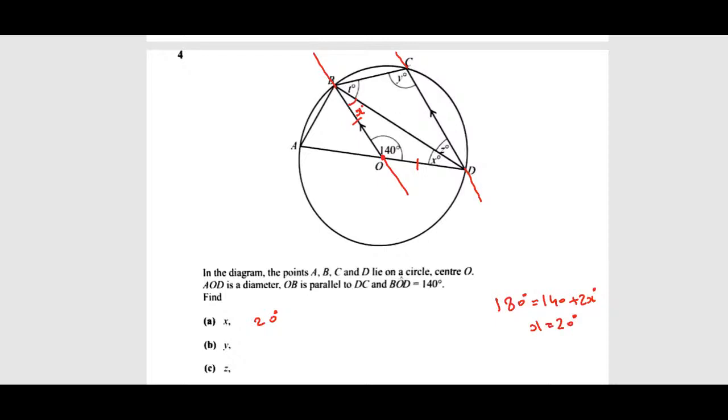No, y is not 40. The thing is that again you're using the same thing. You are using the properties of a cyclic quadrilateral, but this isn't a cyclic quadrilateral, right? I told you earlier as well. This is not a cyclic quadrilateral. For it to be a cyclic quadrilateral, all the four sides should touch the circumference. Okay.